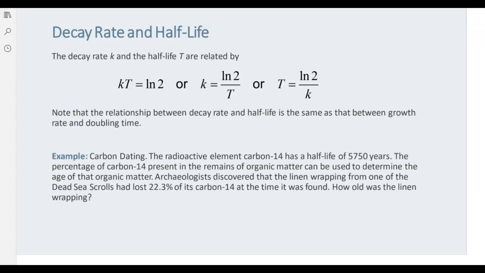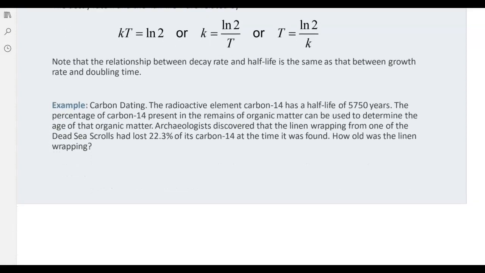In this example, the radioactive element carbon-14 has a half-life of 5,750 years. The percentage of carbon-14 present in the remains of organic matter can be used to determine the age of that organic matter. Archaeologists discovered that linen wrapping from one of the Dead Sea Scrolls had lost 22.3% of its carbon-14 at the time it was found. How old was the linen wrapping?